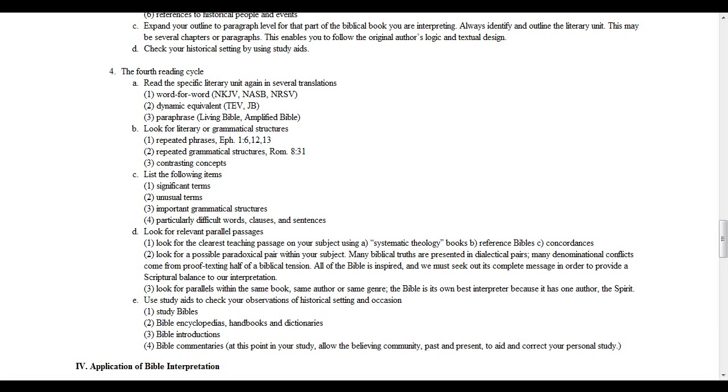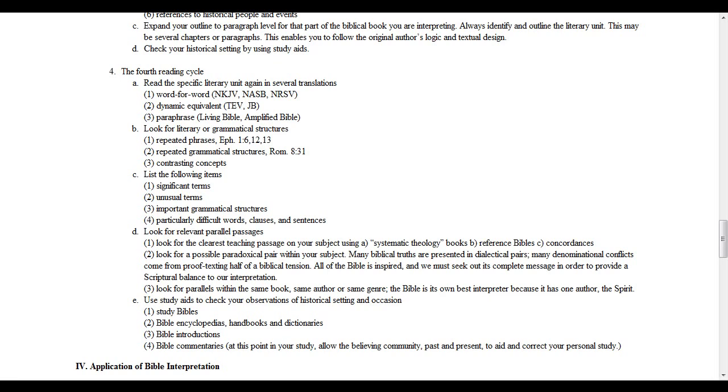So I would go to that specific literary unit and read it in multiple translations, starting out with the word for word, which is King James, New King James, NASB, NRSV, and then I would move to a dynamic equivalent like the TEV, the NLT, the Jerusalem Bible, and of course if you wanted to go further, you can go to a paraphrase, which is the Living and Amplified Bible.